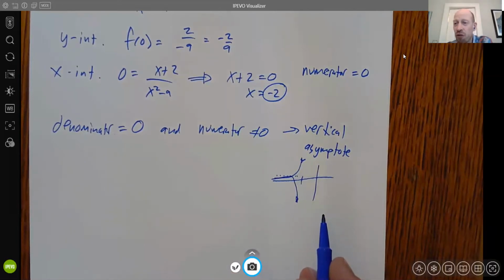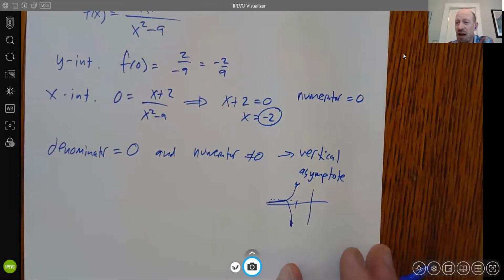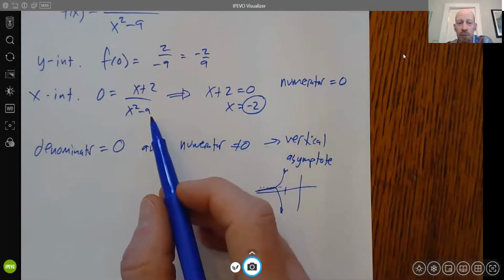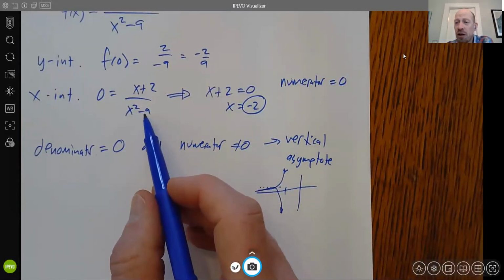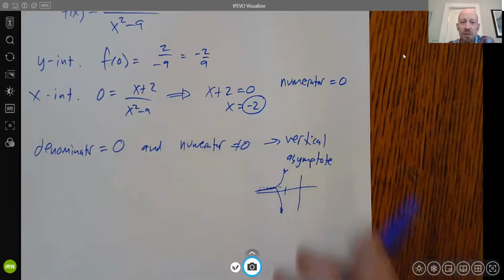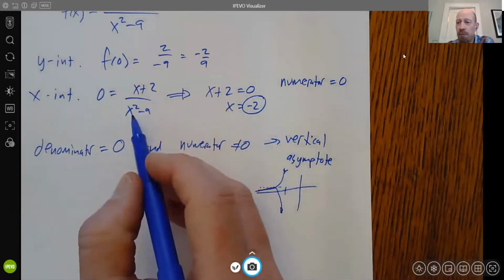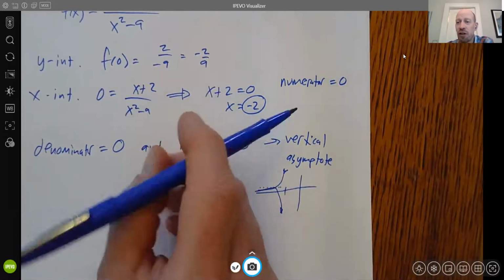That's what a vertical asymptote really is. It's where the function is blowing up. And again, it's probably easiest to see that numerically. We can see here around 3. 3 is making this number 0, so it doesn't exist there. But as we get close to 3, when I divide that, it'll make the value very, very large.